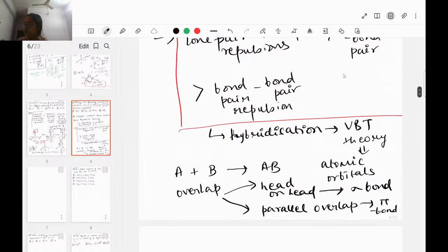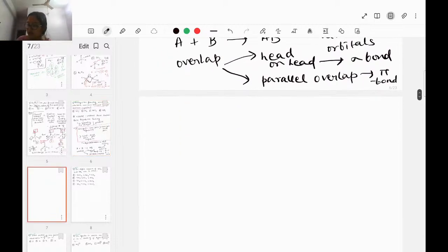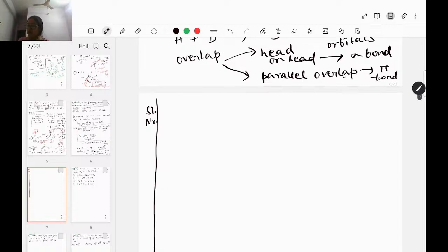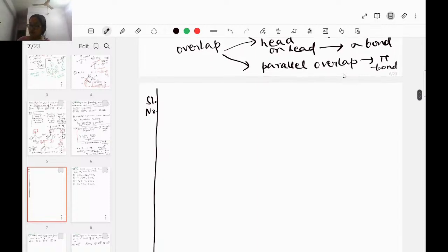So I will be telling you a short trick. So let us write down serial number. Many a times it is very difficult to find out the number of lone pairs or bond pairs in a molecule. So I'll be showing you a short trick, and then you will be able to predict the structures and geometry very easily. So serial number: number of valence electrons of central atom.